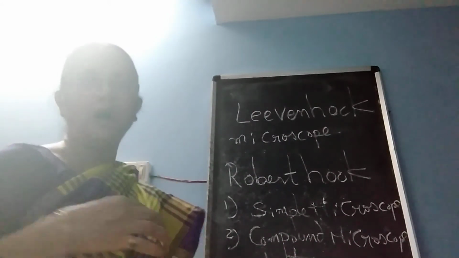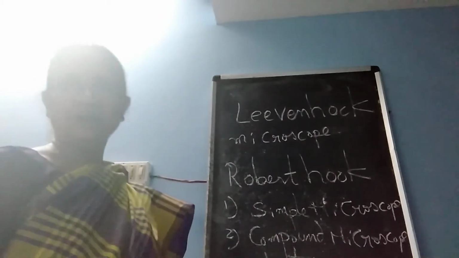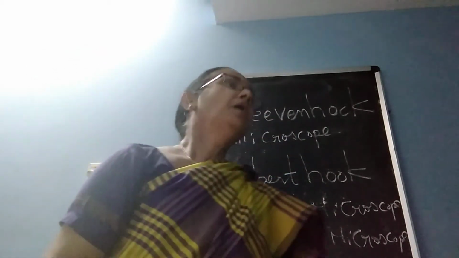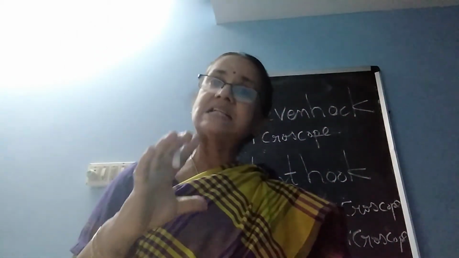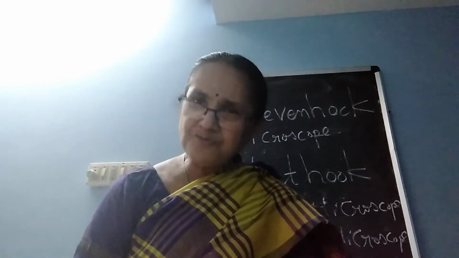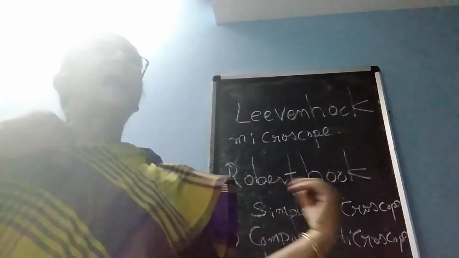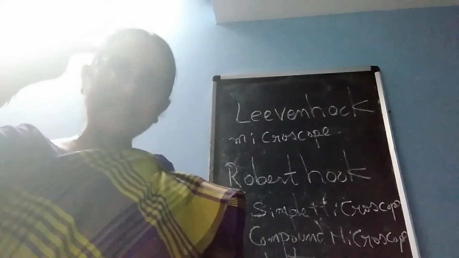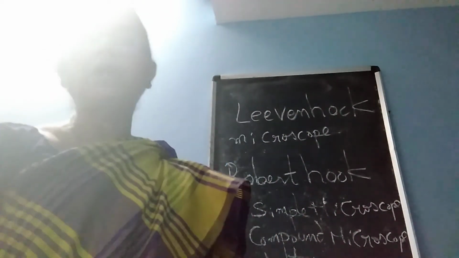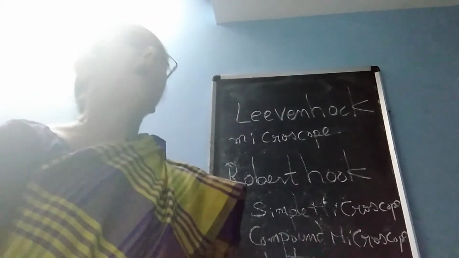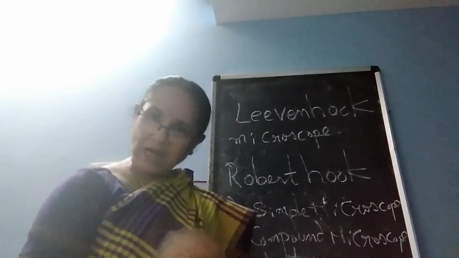Leeuwenhoek studied the structure in that manner. Previously, there was no clear-cut idea. They used to believe that all insects are born from the soil. Soil or sand gives rise to new organisms. What did Leeuwenhoek do?